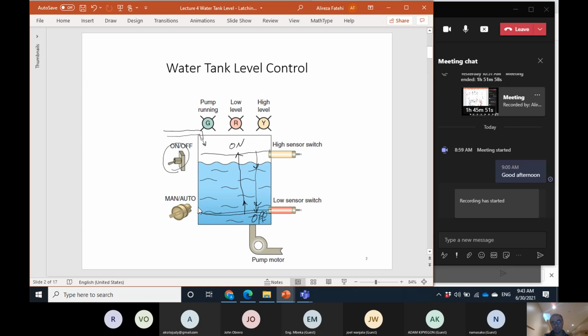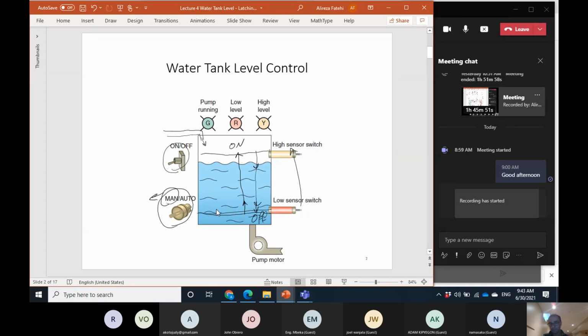Then for the auto-manual switch, if it is in the auto position, the control system works as I explained. But if it is in the manual position, the pump is on all the time that the level is higher than the low sensor switch.